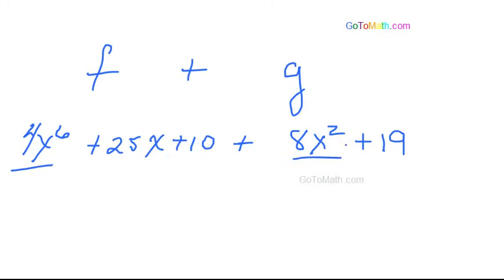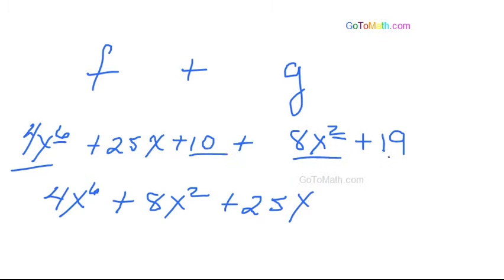So, there you go. Okay, so we're going to collect up some like terms, and those are definitely not like terms, even though I underlined them. The reason is that's a 6 and that's a 2, so forget it. But this looks like the one with the largest exponent, so we're going to write that one first. And we don't have an x squared other than this one here, so that would be the next term. What's next? Well, it looks like 25x.